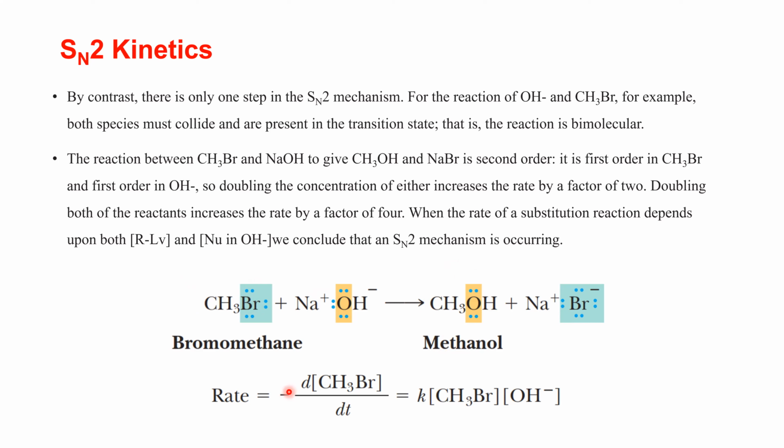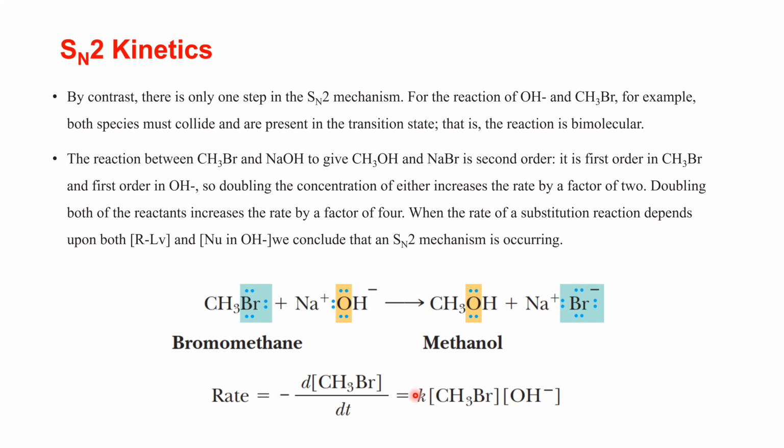Now, if we talk about the rate of reaction, it is determined by and dependent on the nucleophile and the haloalkane. So here, this is minus d concentration of haloalkane divided by dt, and the same for the hydroxyl ions, right?